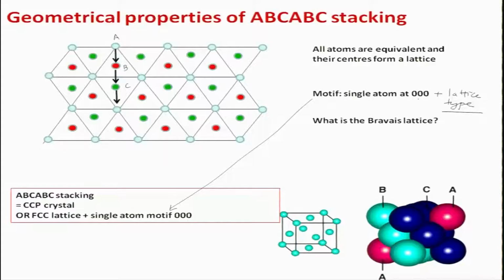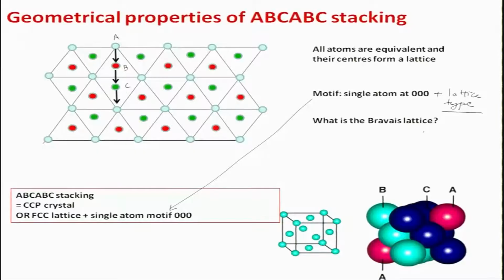Motif is at 0, 0, 0 single atom, but what is the Bravais lattice? Bravais lattice is FCC. A single atom motif at 0, 0, 0 plus FCC lattice will automatically mean you have 4 lattice points, one at 0, 0, 0, another one at half half 0, another one at half 0 half, and another one at 0 half half. Okay. Within this unit cell, you can form a structure which looks like this.